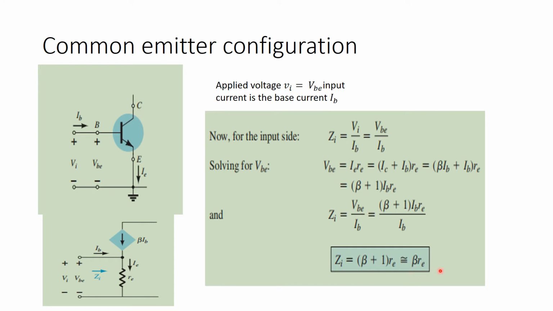Now what is this beta? Beta is the DC current gain. And how do we define our parameter RE? RE is equal to 26 millivolts upon the emitter current.